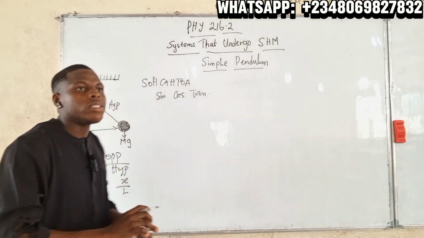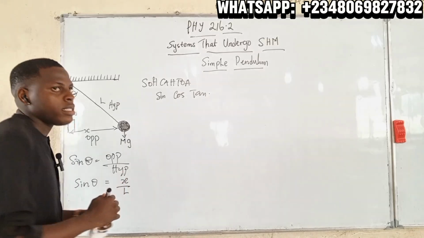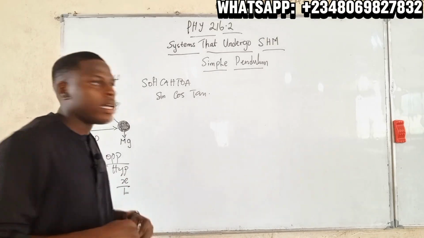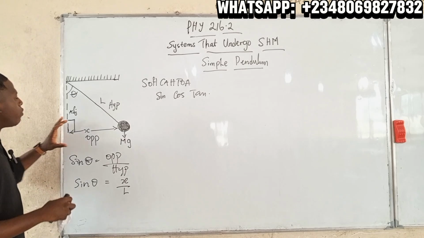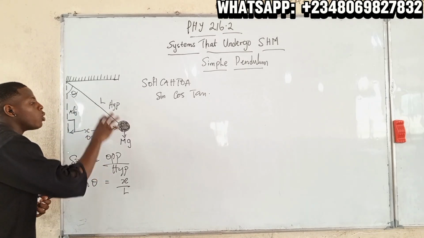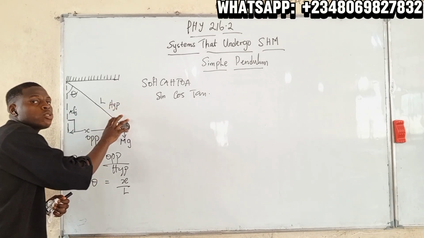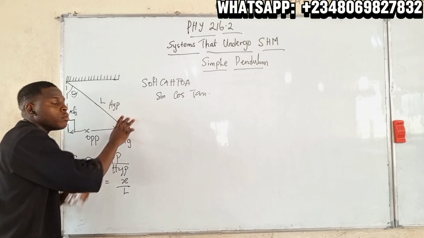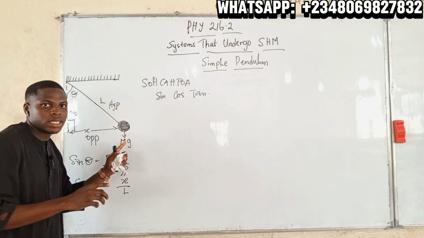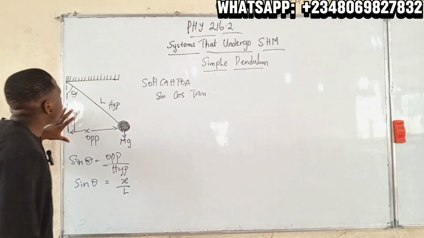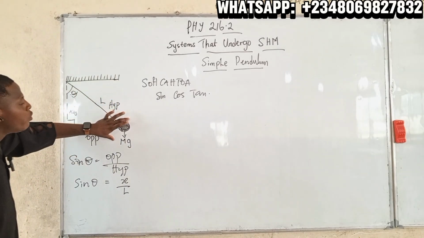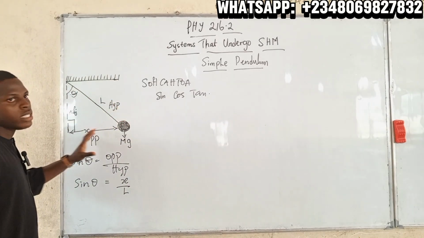Now, what if we are not considering the triangle itself when we are talking about sine theta? When we are considering the experiment, we are considering the force that was applied to move the pendulum to this particular displacement.